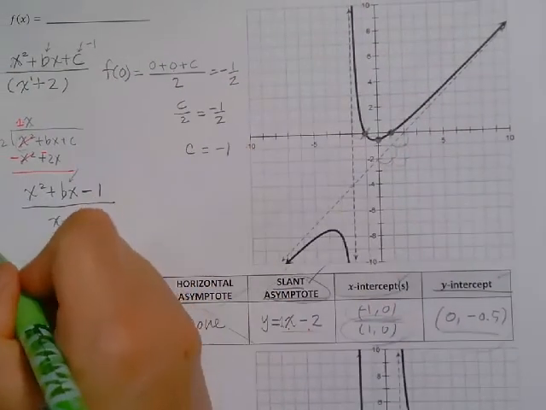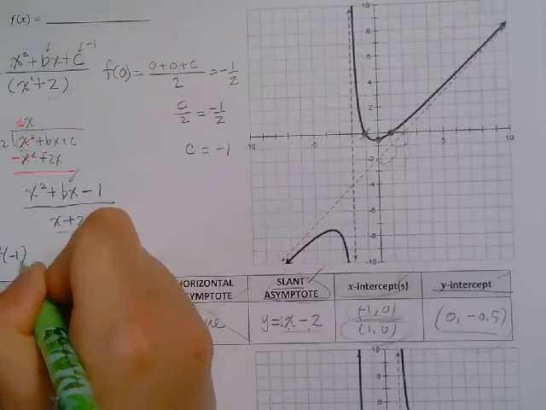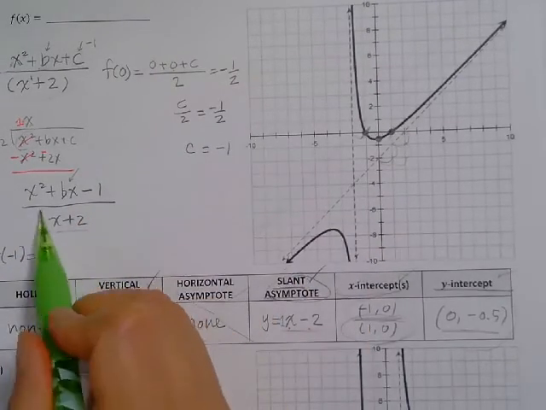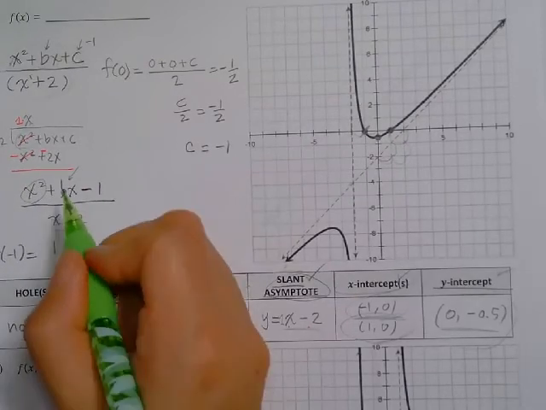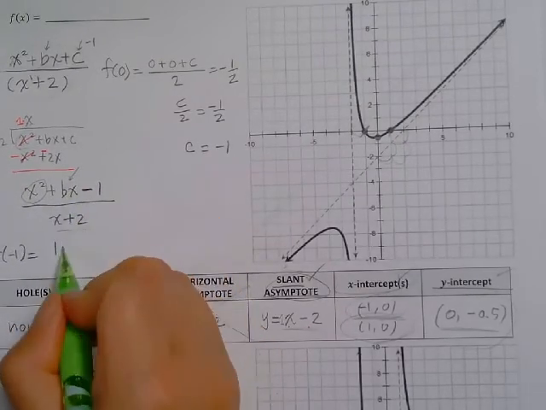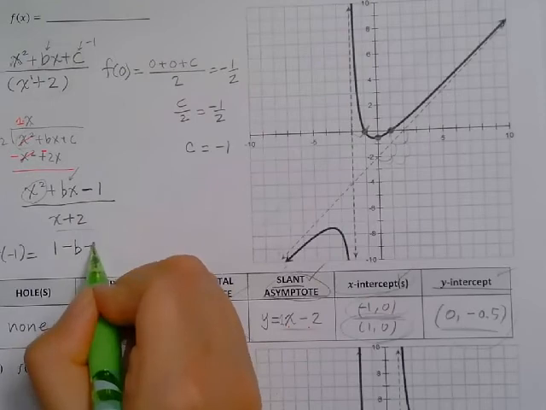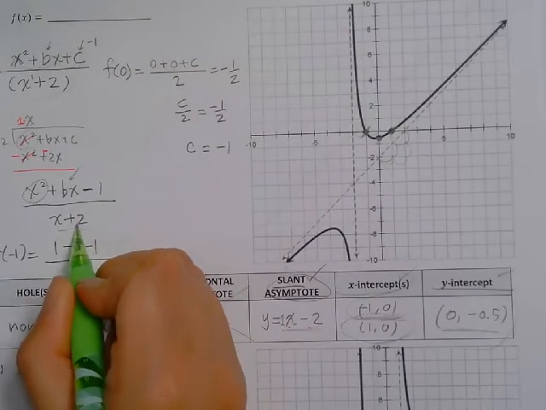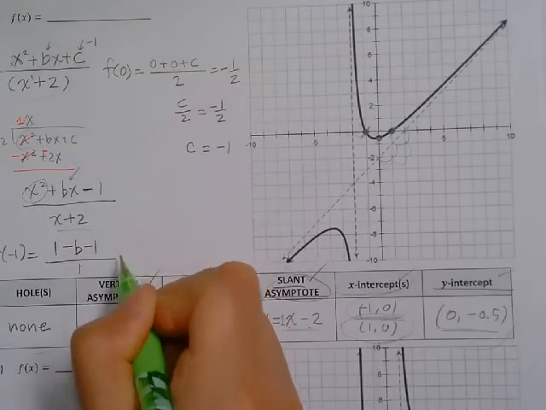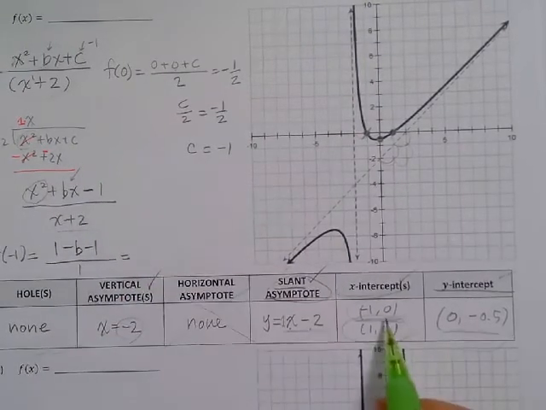So if I plug in f of -1, what's it going to be? -1 squared is 1. -1 times b is -b. Then I copy -1 there. Over x becomes -1, and -1 plus 2 is 1. And then it's supposed to be equal to what? 0.